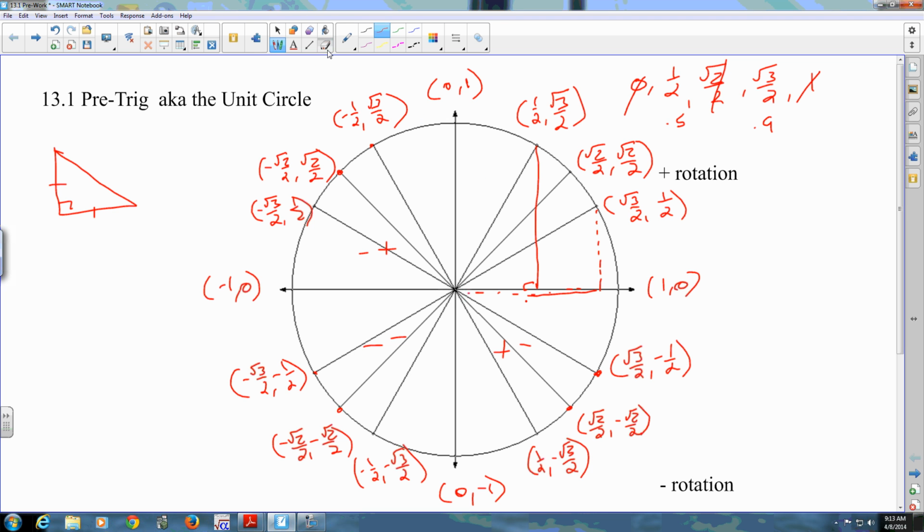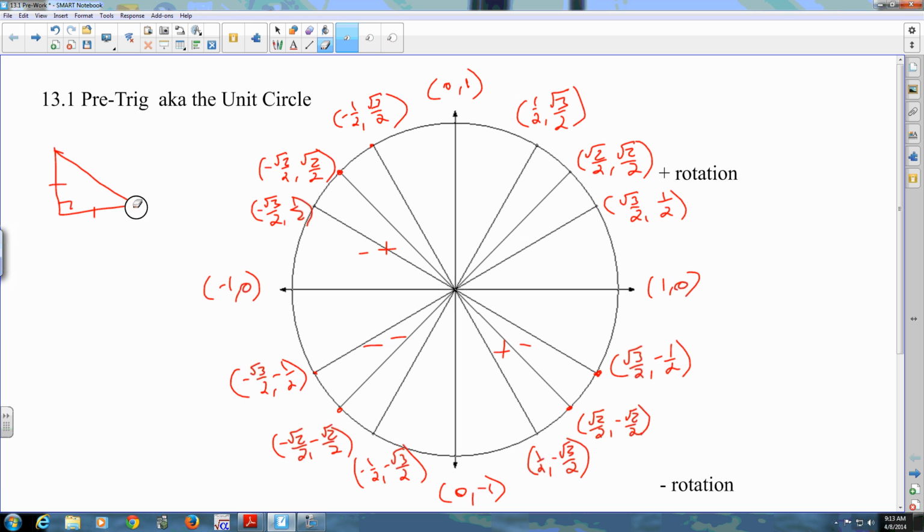You guys can't do the trig we're going to do if you don't have this thing memorized. I can't stress enough. It will be brutal, it will be awful, it will be debilitating if you guys don't have this memorized. Please seek help if you're having trouble memorizing it. I will guarantee I can get you this memorized with 10 minutes tops effort, and we'll get this sucker memorized.